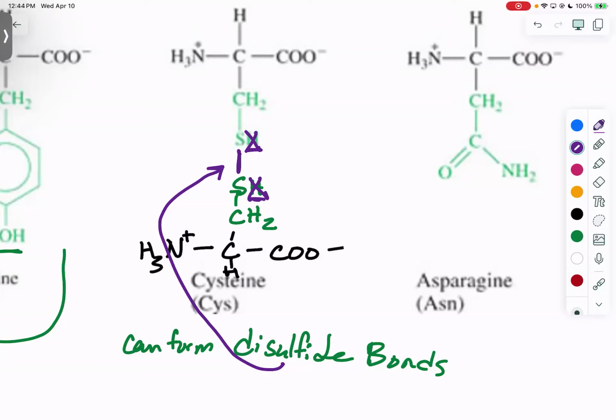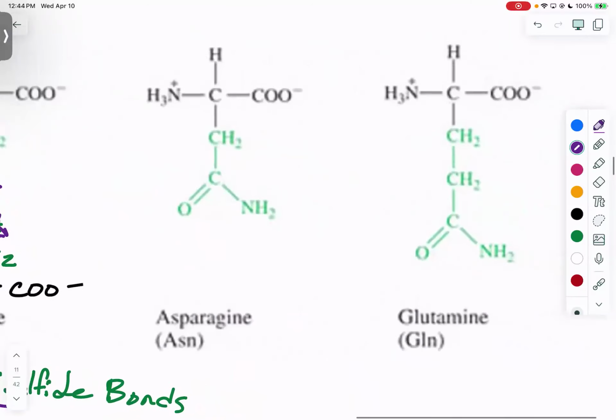That's great. Okay, so then we have these last two, asparagine and glutamine. So asparagine has two functional groups going on, right? We have just a regular old carbon, and then we have a carbonyl, and we have an amino group.